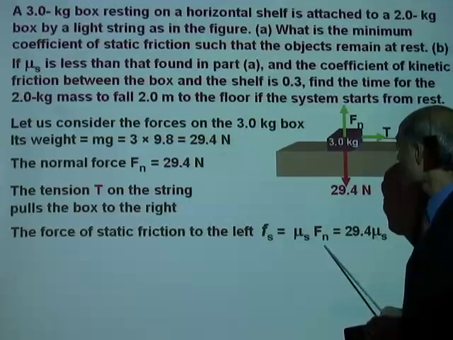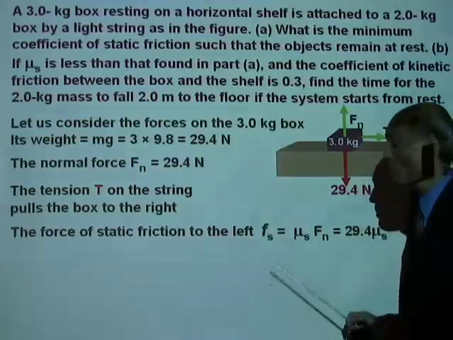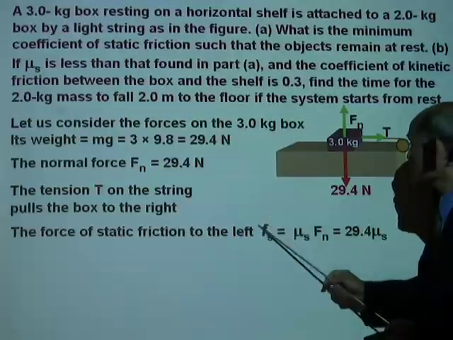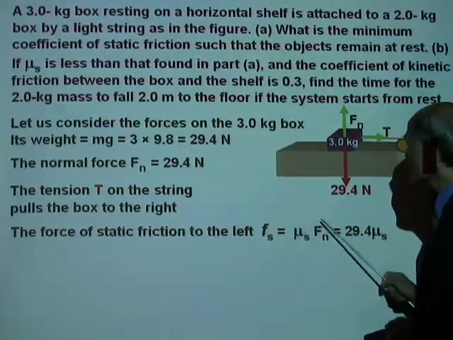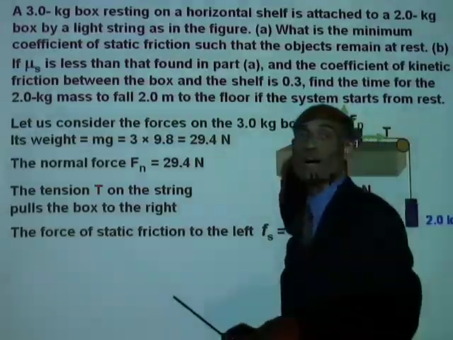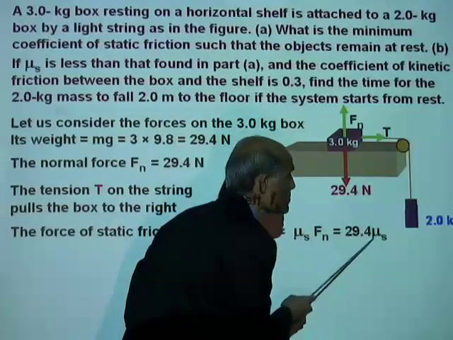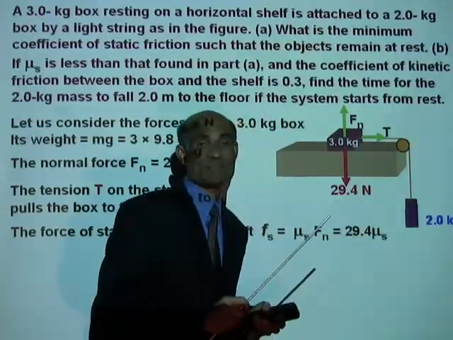And you know the value of Fn. Fn is 29.4. So that Fs equal to mu s Fn, that is 29.4 times mu s. We need to find the minimum value of this mu s.